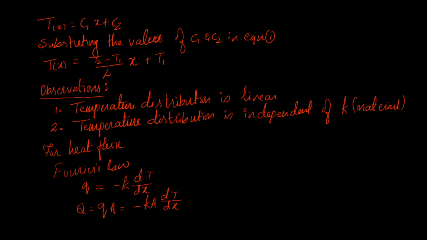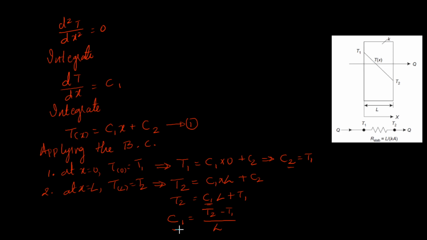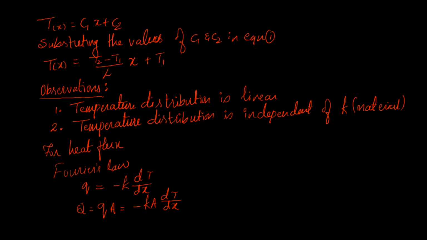Now if you look at the value of C1, C1 is nothing but dT by dx, which is the temperature gradient. So I can use this in the equation.